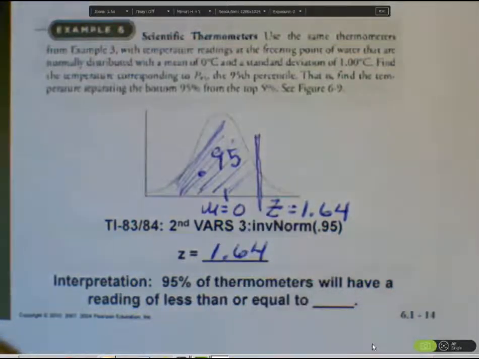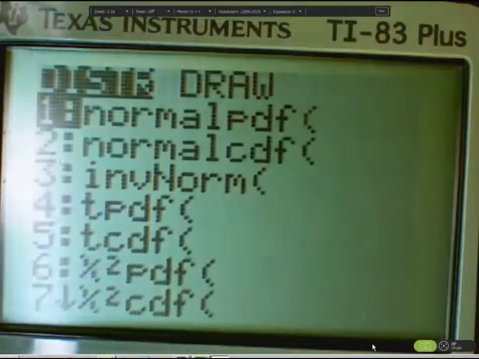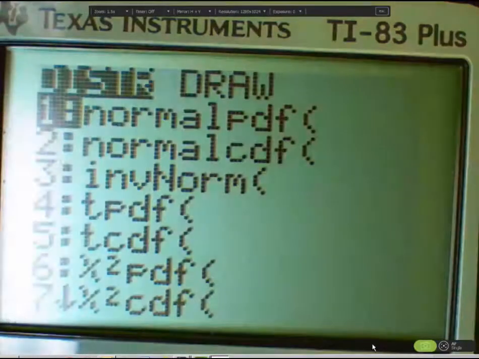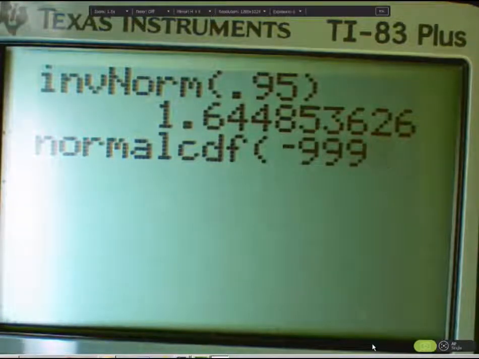If we were looking for a probability, then we would use normal CDF and we would say, what is the probability that a thermometer would have a reading less than 1.64? That means a reading from negative 9,999 up to 1.64.